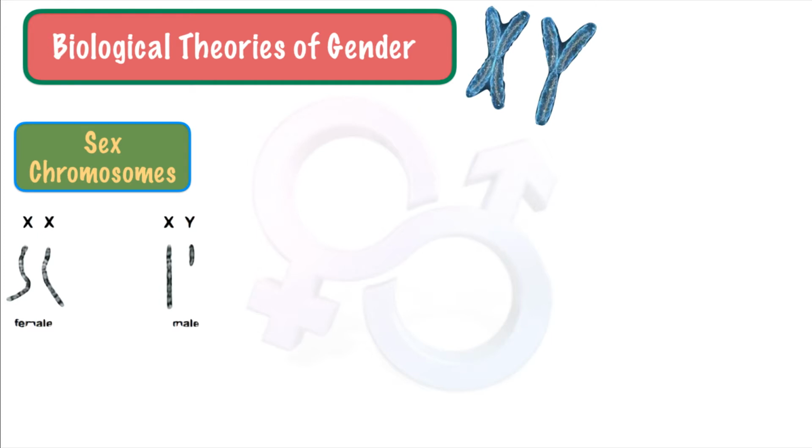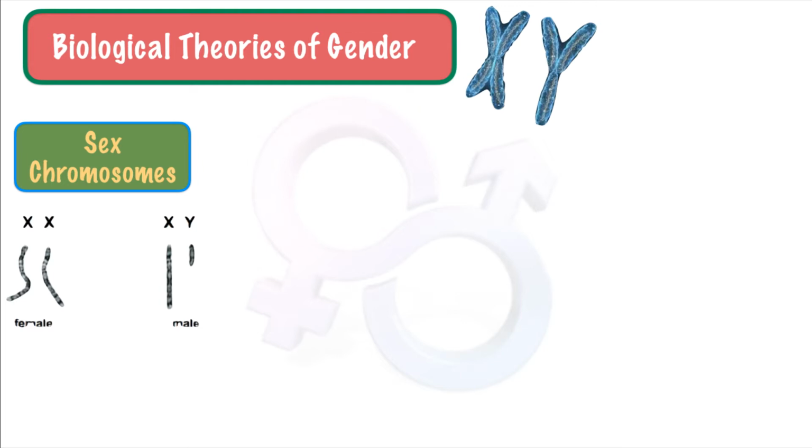Different genes, such as those that influence intelligence and social skills, are thought to reside on different chromosomes. Because men and women have different chromosomal makeup, they have different possibilities for gene expression. Most females have XX. Most males have XY. Men are more prone to hereditary conditions than women.